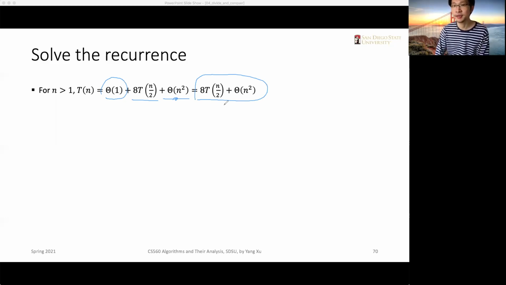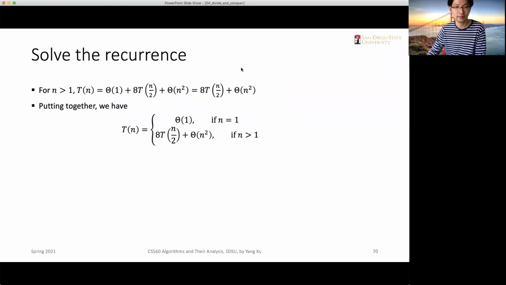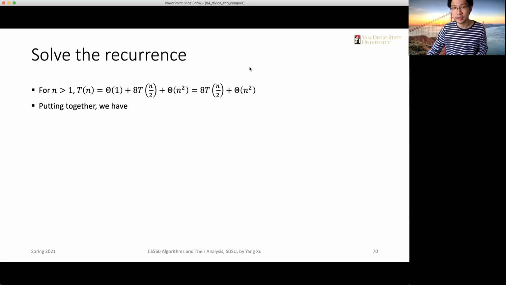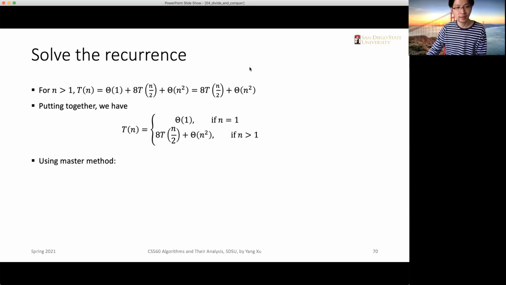I think this is the form of the first question in assignment 2 that we need to solve, right? But in assignment 2, we want to use the substitution method to solve that. But right now, given this form, we know that we can use the master theorem, by observing what is the a and what is the b. So it's a quite straightforward solution.